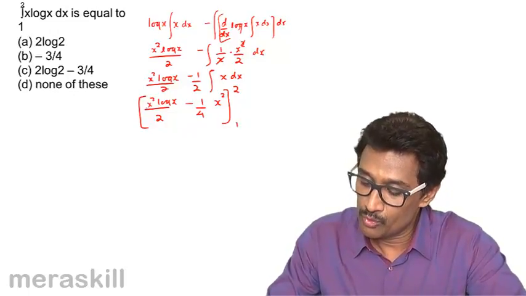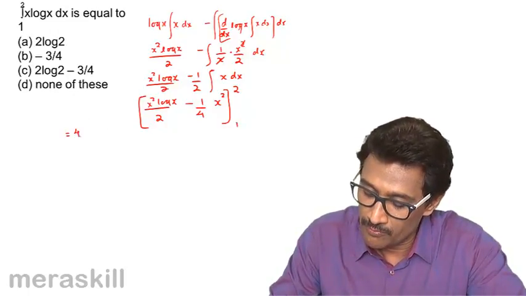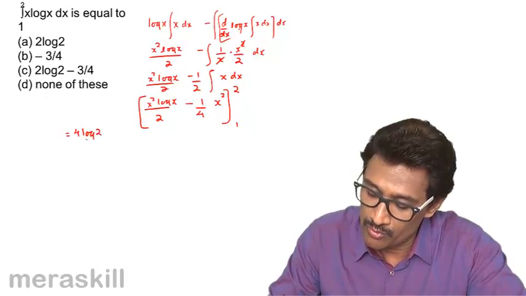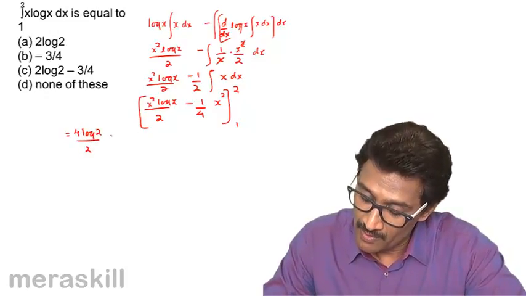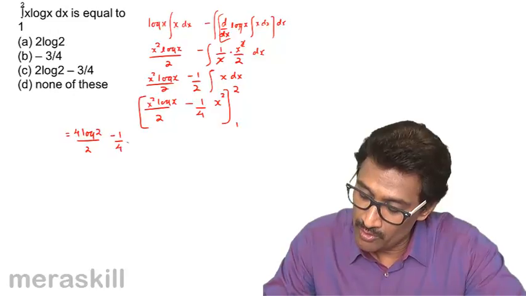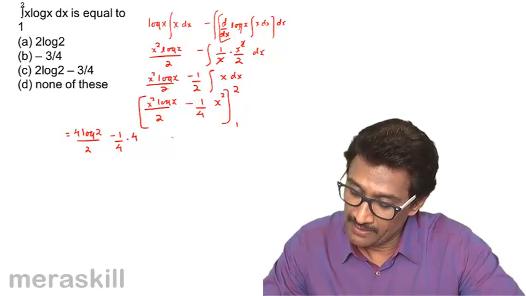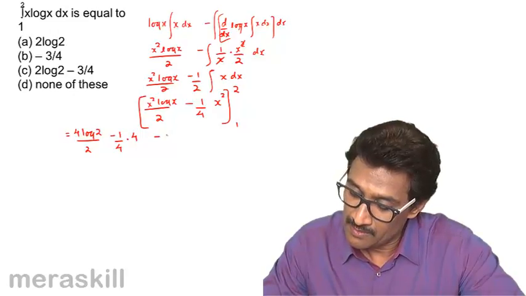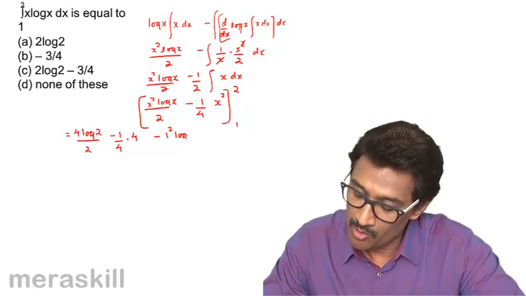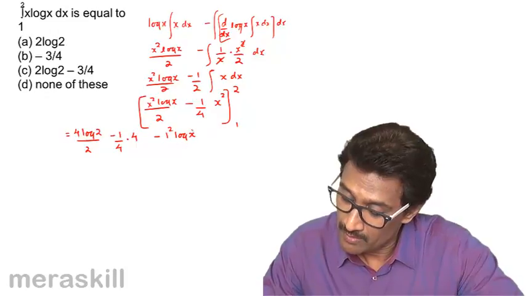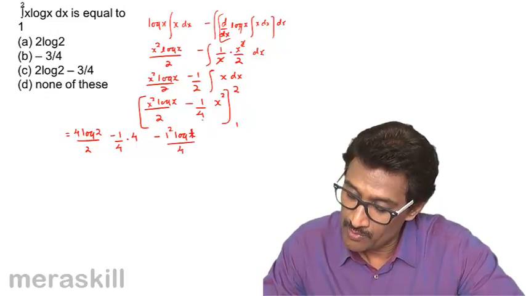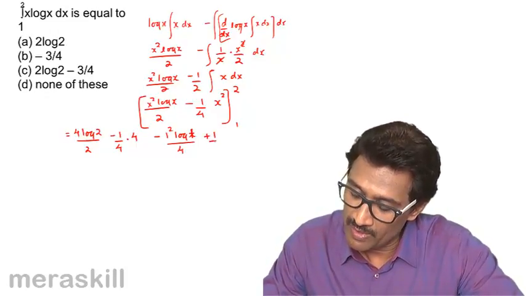So it's going to be 2 square, that is 4 log 2 by 2, minus 1 by 4 into 2 square, that is 4, then minus 1 square log 1 by 4 minus of minus plus 1 by 4 1 square.